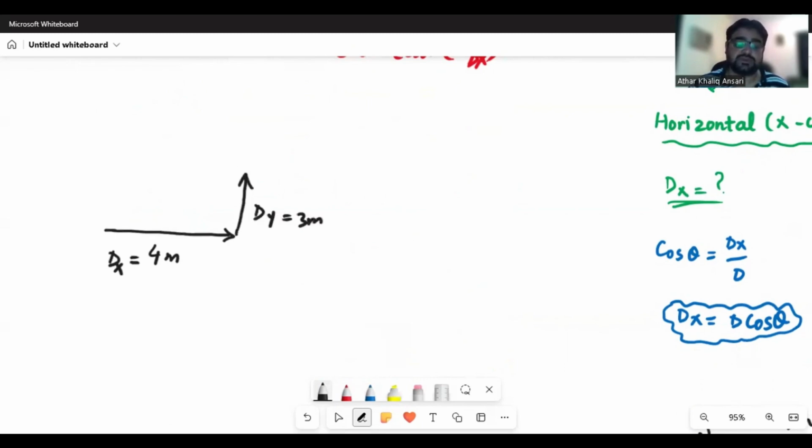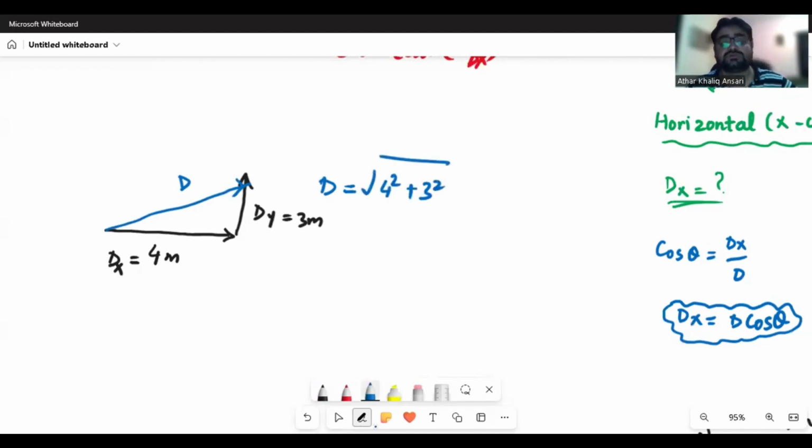Now how much displacement did you cover? To know the displacement, you will quickly use the magnitude: d is equal to the square root of 4 squared plus 3 squared.